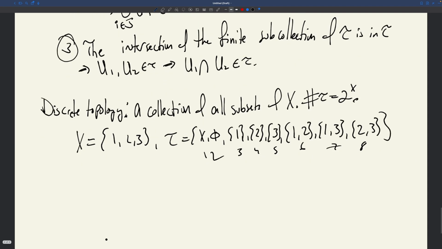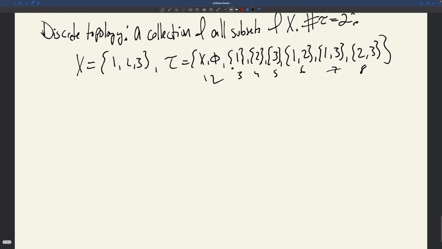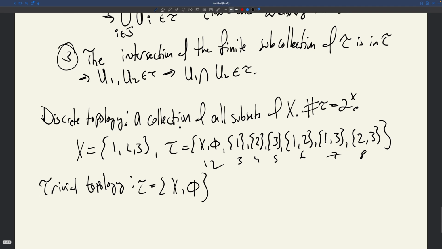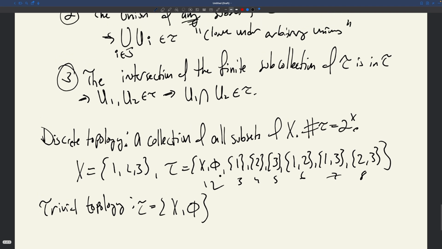Perfect. And that's one way of thinking of topologies. Does it need to be exactly that? No, because we could also think of the trivial topology, which is the bare minimum. Quite literally, just tau is equal to {X, phi}, or X and the empty set. So I want to also make clear how we generate these two topologies.